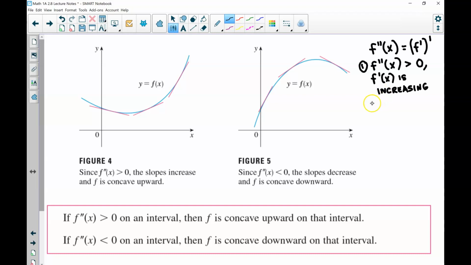So this tells us that the slopes increase from left to right.